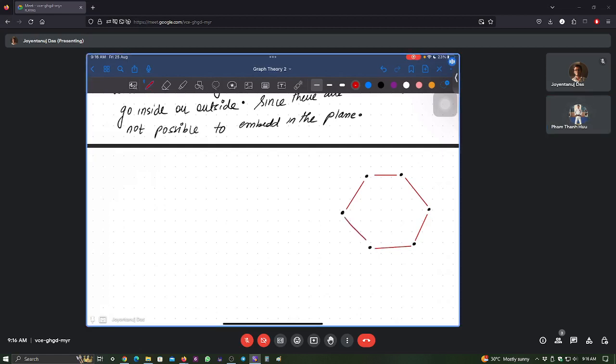The total number of edges in K33 is 3 times 3, that is 9. A 6 cycle in K3,3 has 3 pairwise conflicting chords.